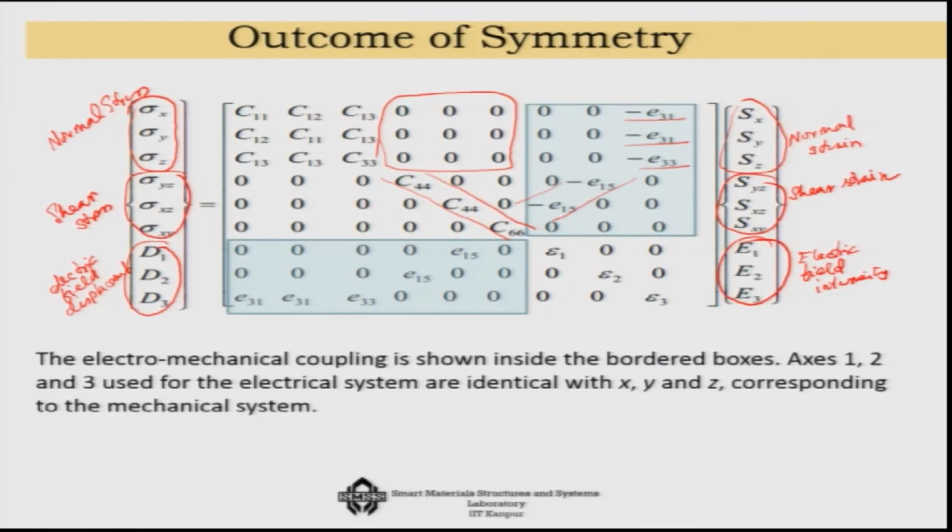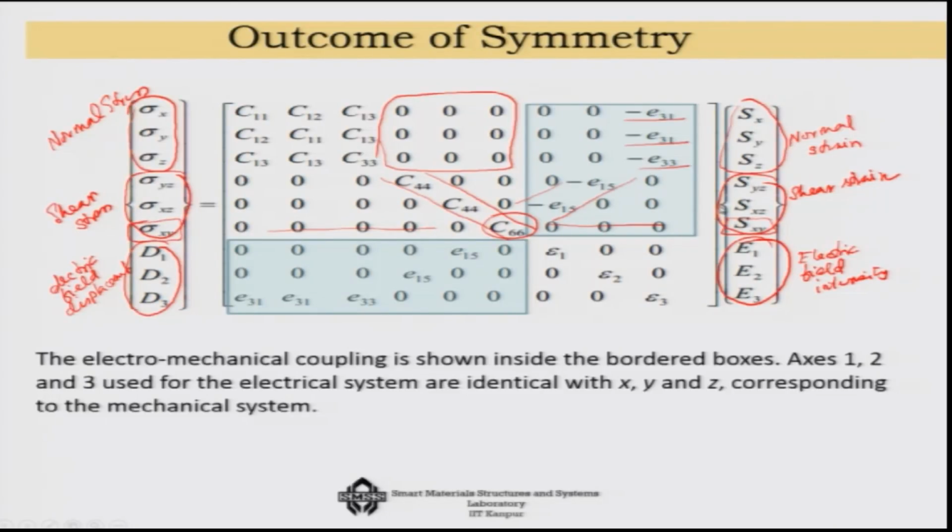But these shear strains are mostly sigma yz and sigma xz. You can see that the sigma xy shear strain in this kind of material cannot be generated by the electric field, because all the other terms are 0 here except C66. So this part is non-smart in this group of materials.